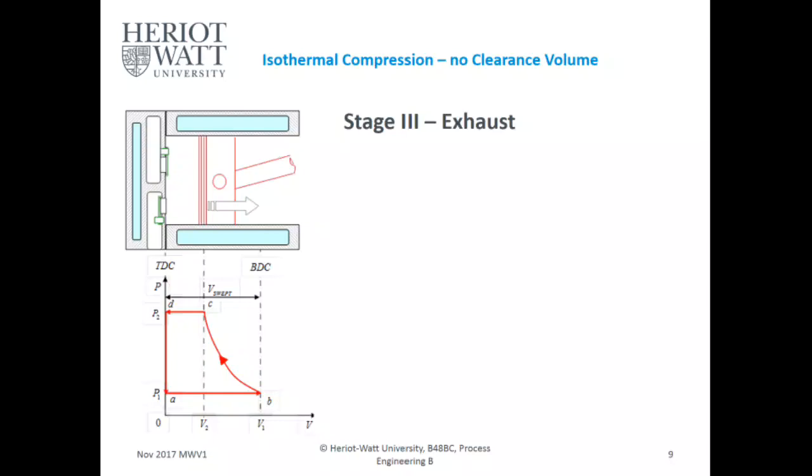Stage 3 is your exhaust. This is basically your outlet pressure, the pressure you want to achieve using that single compressor. So your piston moves from C to D in this case. Imagine your piston is at its highest pressure, your outlet valve is about to open, and this is at the top dead center in our case. We assume there is no space, so it goes all the way up and your outlet valve opens. The gas you have at your outlet is the pressure you want.